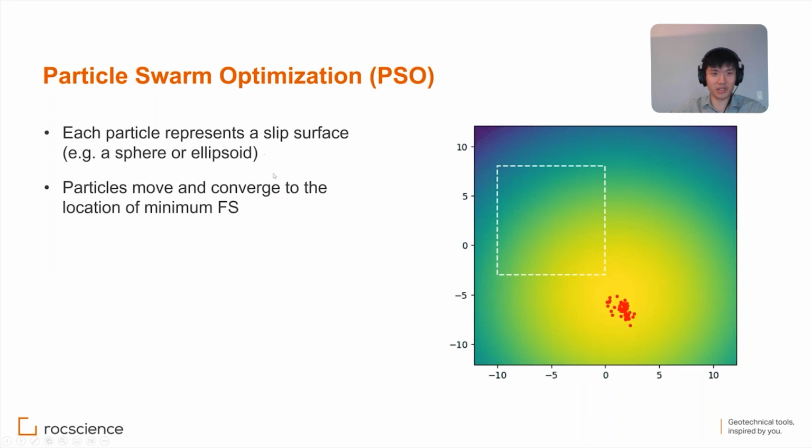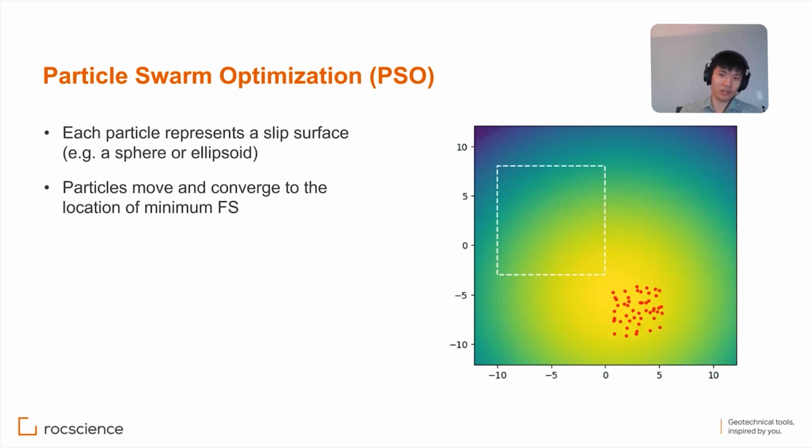How it works is essentially the program spawns a number of particles, and these particles represent different slip surfaces. These surfaces are generated more or less randomly, and each one represents either a sphere or an ellipsoid or whatever shape you choose to define for your analysis.